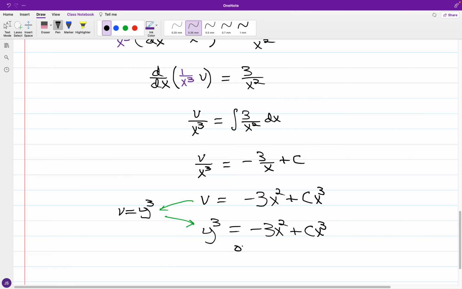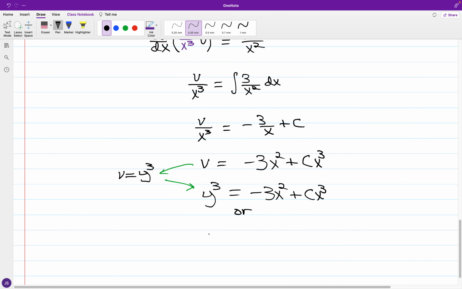And as far as I'm concerned, you can leave the answer in this particular form. And if you were to isolate y, taking the cubic root of both sides, we can say that y is equal to the quantity of negative 3x squared plus cx cubed all raised to the 1/3 power.